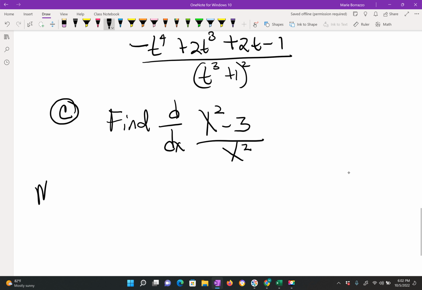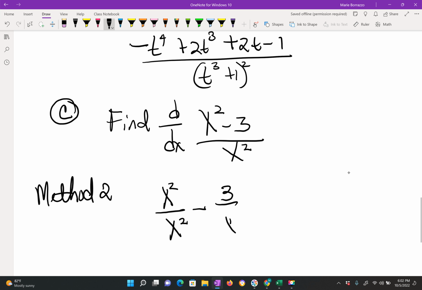So this is where we simply can divide. That means that we're going to split the fractions, so it's x squared over x squared minus 3 over x squared. And so this reduces to 1 minus 3x to the negative 2. You remember that guy from when we were doing differentiation?